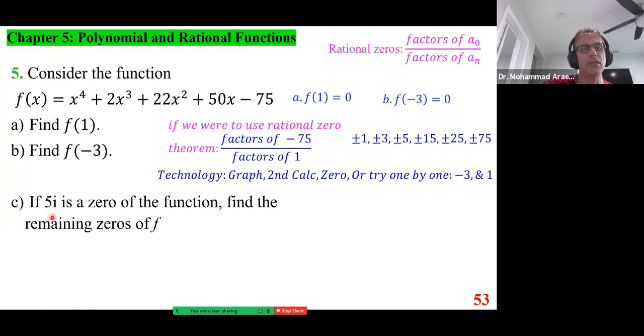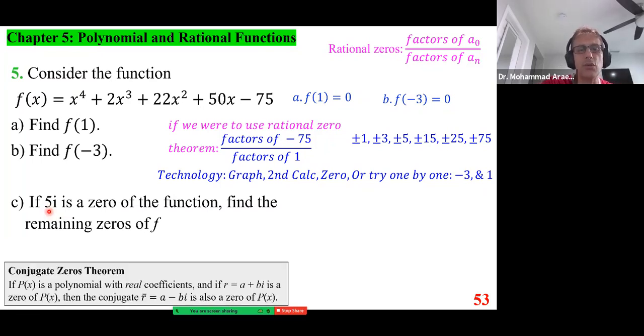If 5i is a solution, then by the conjugate theorem, also a minus bi is a solution. So if the polynomial with real coefficient has a plus bi as a solution, then its complex conjugate, which is a minus bi, is also a 0.